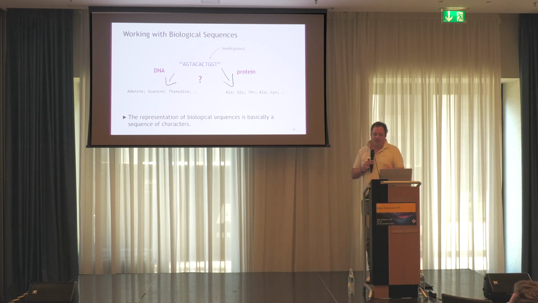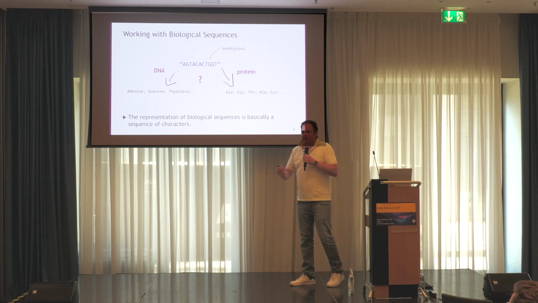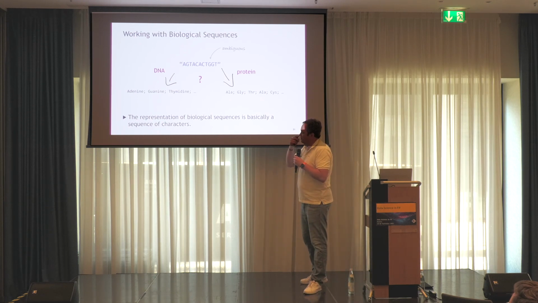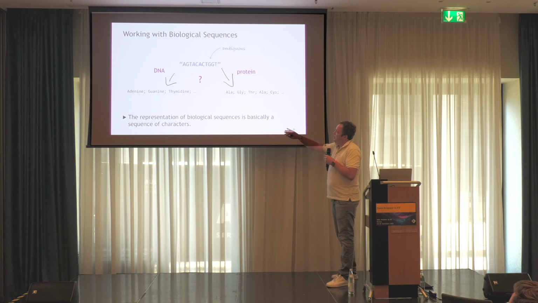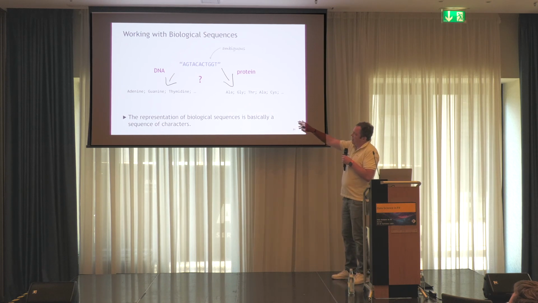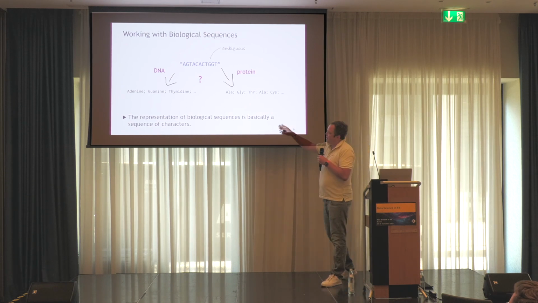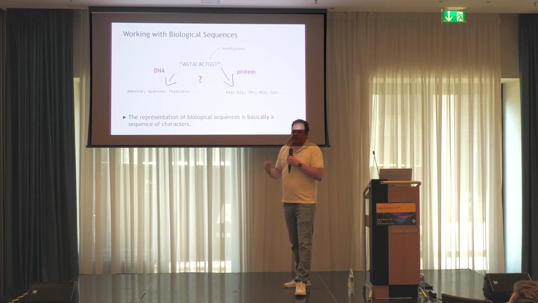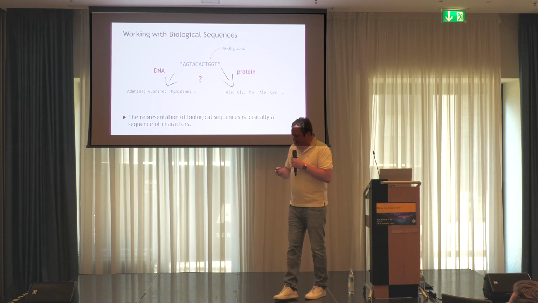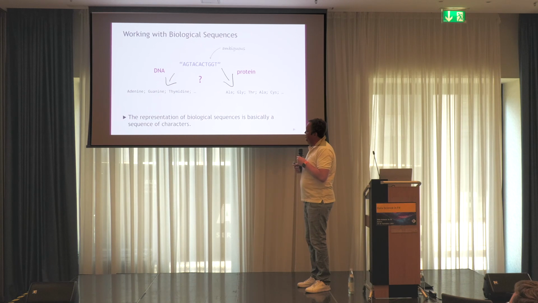What you see here is AGTACA. This is a sequence, this is how we get it from a reader. But this could be either DNA or protein, depending on how you interpret it, and the result is very different.